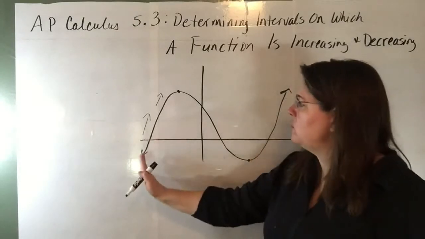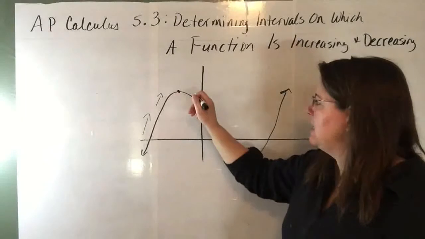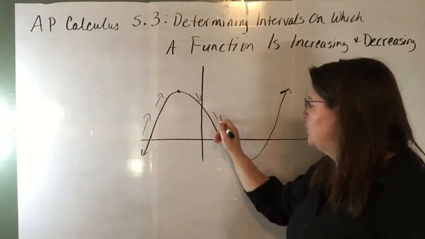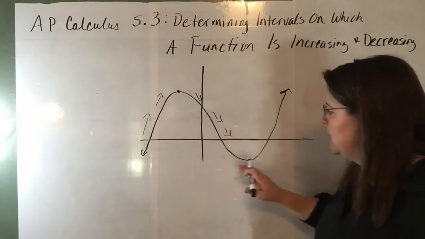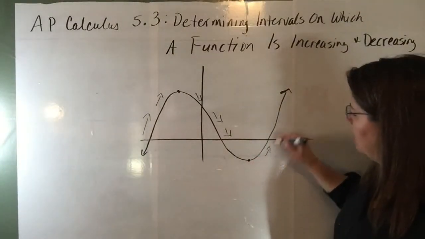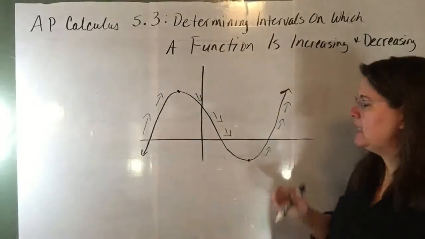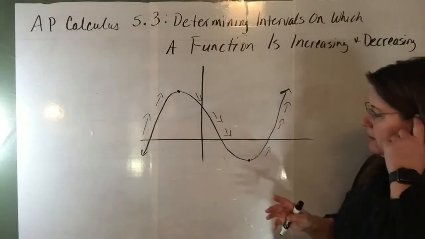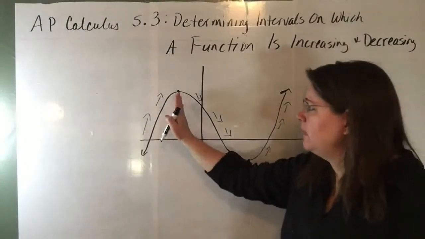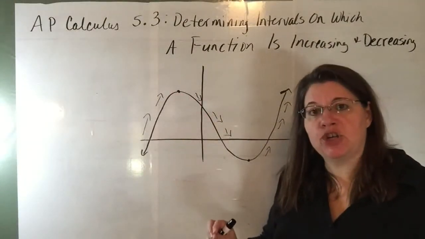So this function is increasing until it gets to the maximum, and then it begins to decrease as we move from left to right until we get to the minimum, and then it begins to increase again as we get past that minimum. And we know that the point of the maximum or minimum is the point where direction changes.